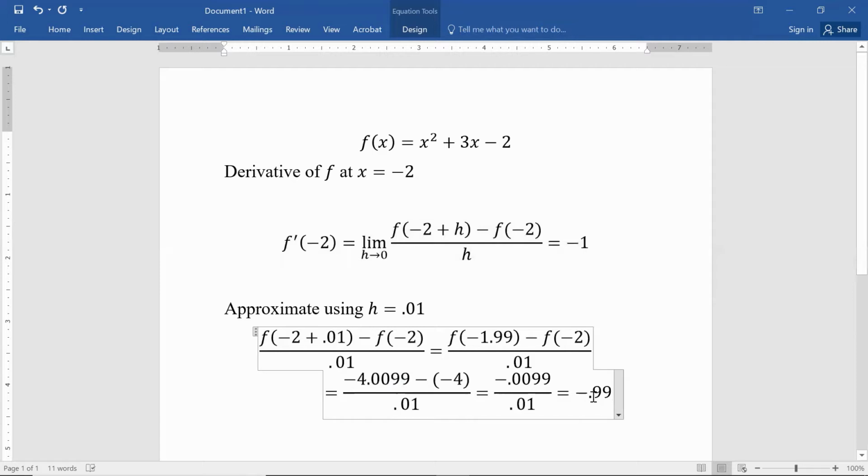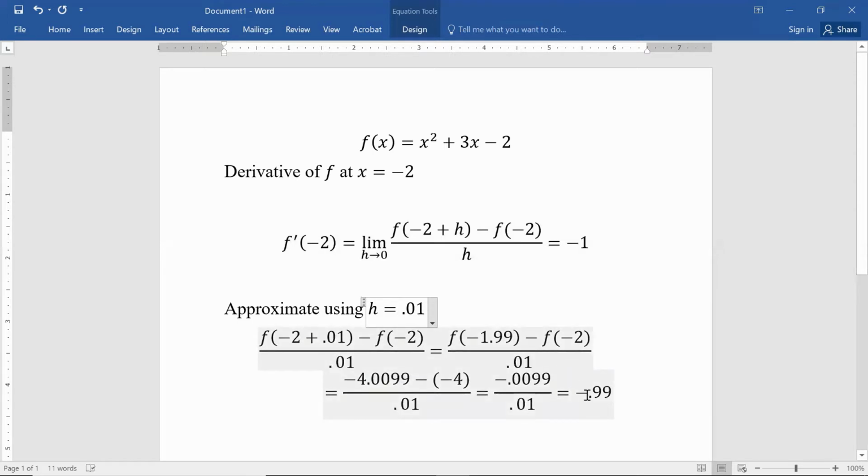If I wanted to make it more precise, I could use a smaller h value, like 0.001. Or I could combine that by plugging in a -0.01 and a positive 0.01 and looking at somewhere in the middle. Turns out if you plug in -0.01, you get -1.01, I believe.